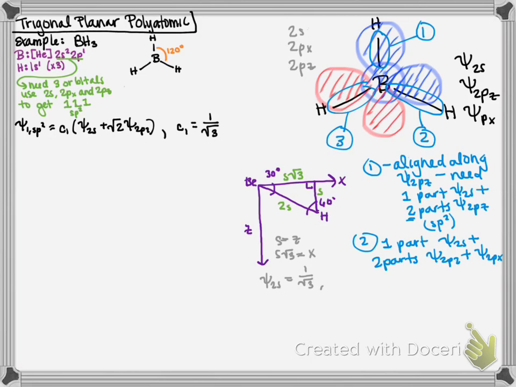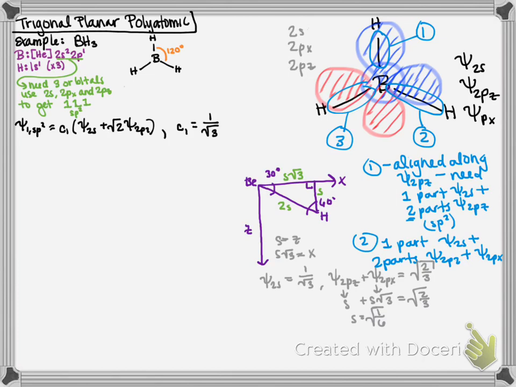So we're going to end up with psi 2s is 1 over the square root of 3, because we already proved that from psi 1. And we're going to have the same amount of psi 2s in each one, so we'll get square root of 1 over 3. Psi 2pz plus psi 2px has to give us collectively square root of 2 over 3 to make up those 2 parts.